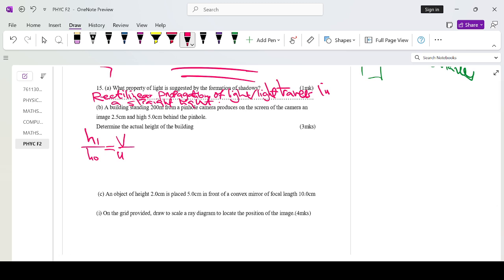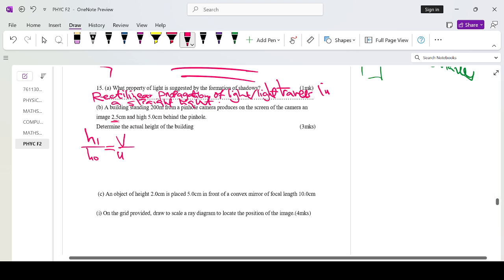So they say a building standing 200 meters from a pinhole camera, this one is U, produces on the screen of the camera an image 2.5 centimeters. This is the height of the image.